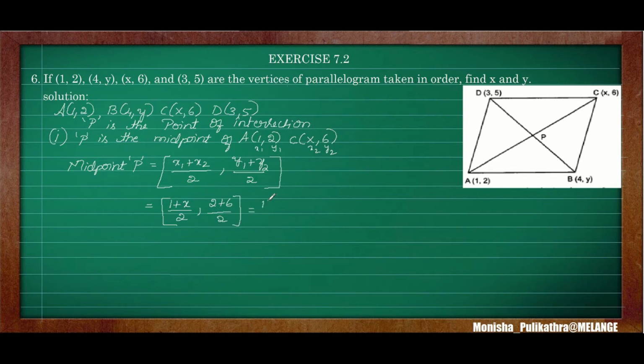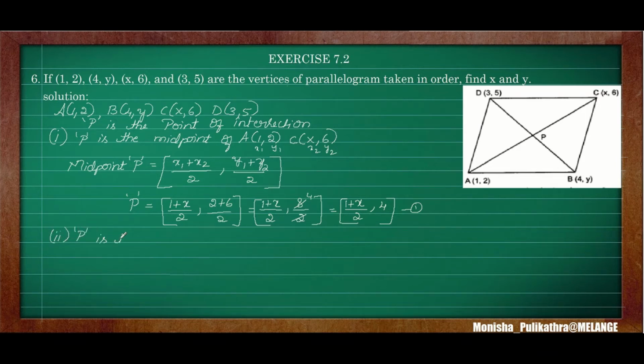That becomes (1 + x)/2, 8/2, which is (1 + x)/2, 4. So this is equation number 1, the midpoint P.